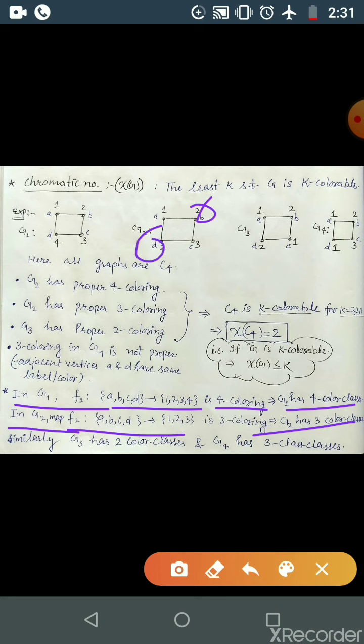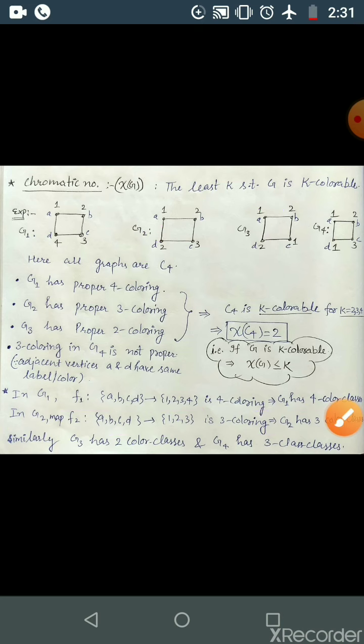Similarly G3 has 2 color classes. Here, both B and D will be in the same color class, and A and C vertices will be in the same color class.